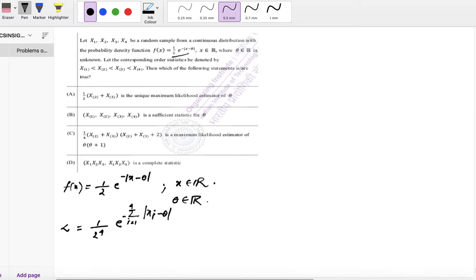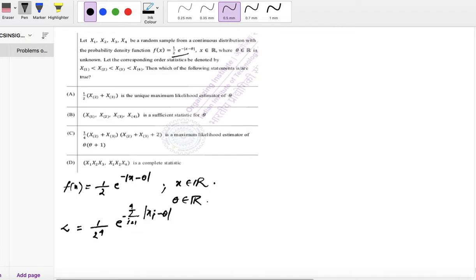This is xi. Now look, there is no possibility to differentiate the likelihood and get the MLE of theta, or the sufficient statistic for theta.